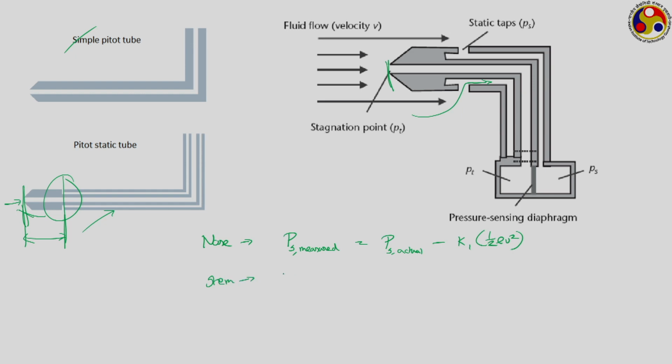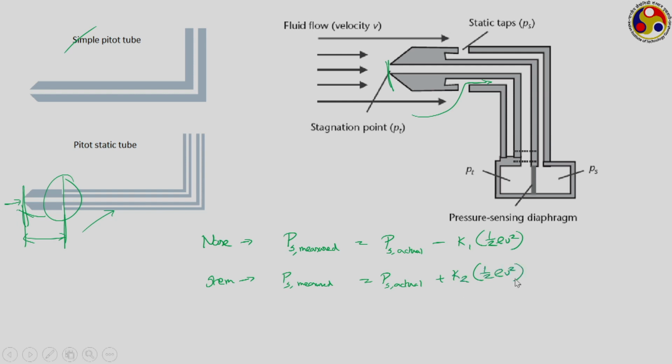Whereas, because of the effect of the stem, there is a reduction in velocity and an increase in pressure. Accordingly, the measured static pressure will be higher by some coefficient K2 times half rho v square.